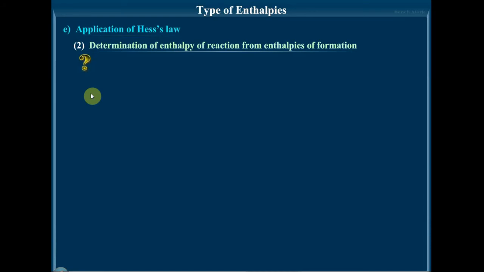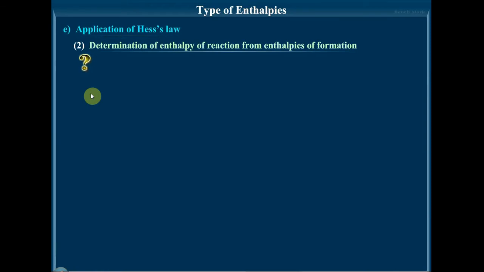For example, if you are taking carbon, oxygen, sulfur, mercury, bromine and iodine in the standard state: for carbon, the stable state is graphite, carbon in the form of graphite. Oxygen is taken as O2 in the gaseous state. Sulfur, the rhombic form, that is S8. We all know the molecularity, it is S8. Bromine, Br2. Iodine, I2.